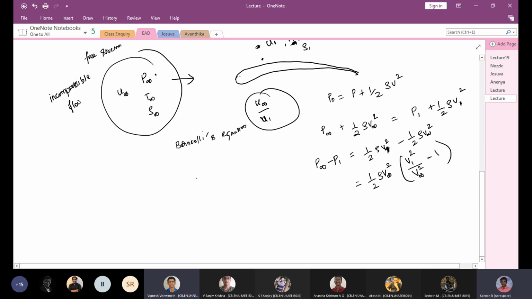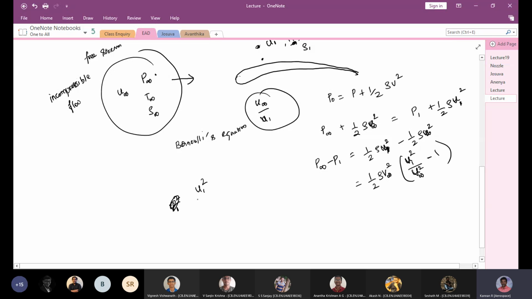We want something in terms of V1 square divided by V infinity square, or let us take U, keep it as a U. It's not a problem.